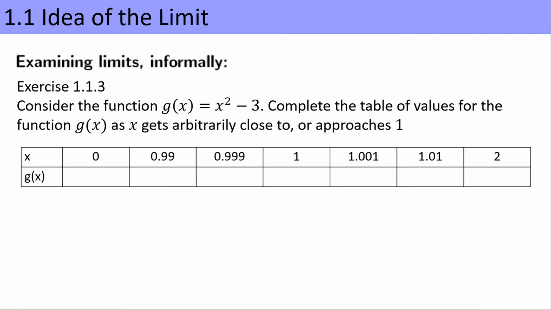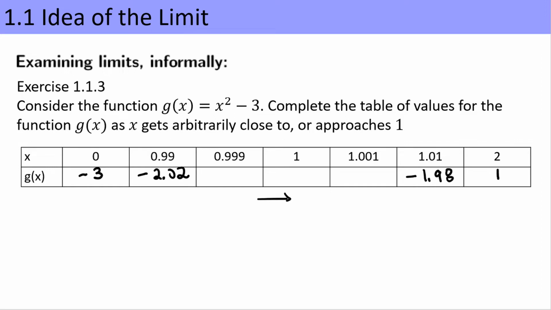Let's transfer these values to the table. From the output on the calculator, for 0 the function is -2, and for 2 the function value was 1. For 0.99, the function value was -2.02. And for the input of 1.01, the function output was -1.98.